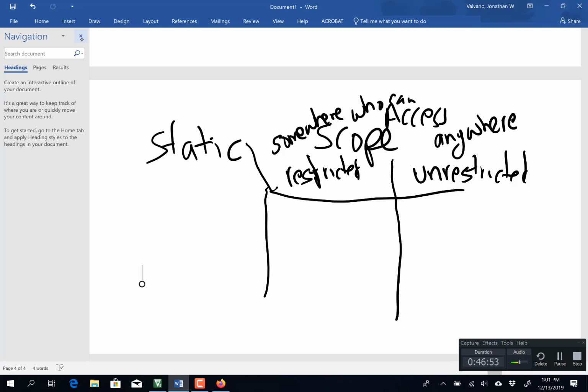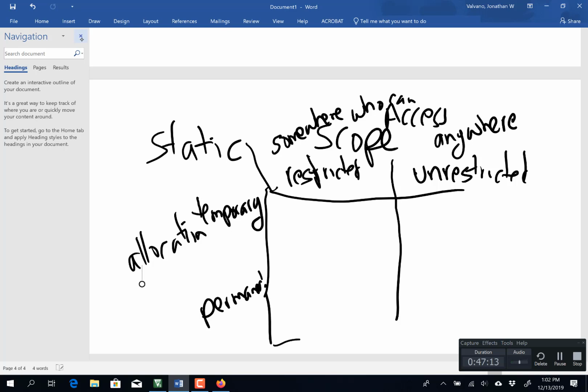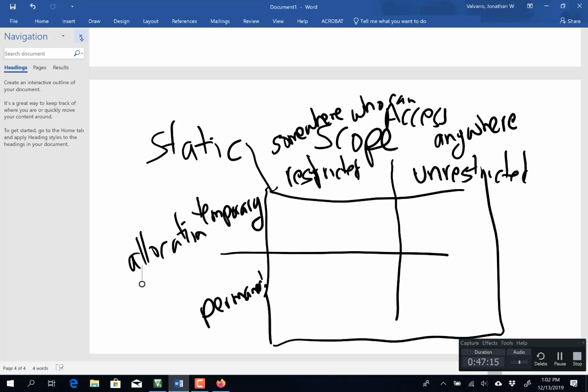All right? And then the other aspect is allocation. In the context of 319K, or in all programming, we could have temporary or permanent. Permanent means it always exists.